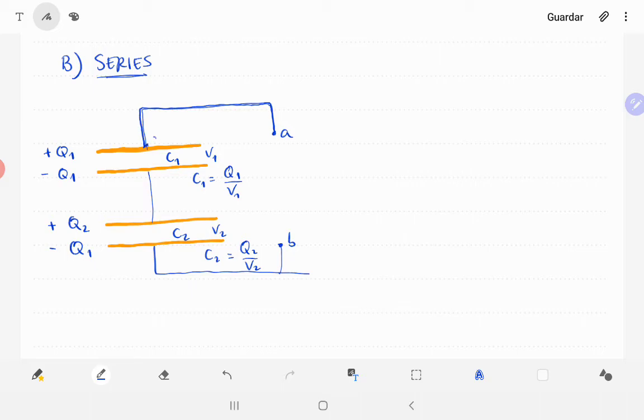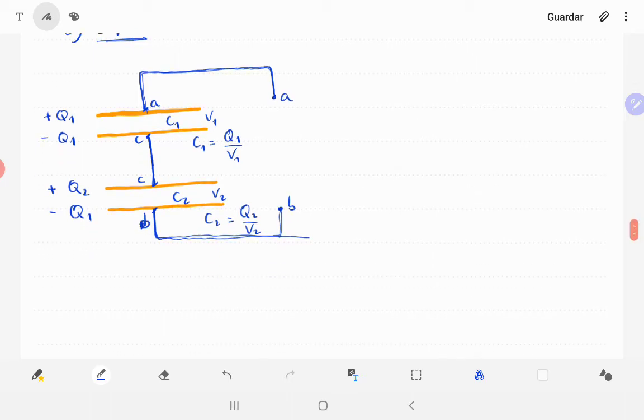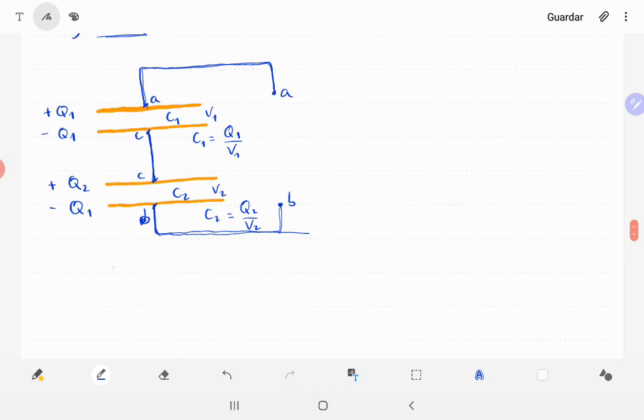Here we're going to call this point C, and the electric potential at point C is the same as at this point, because it's connected by a wire, and this point is connected to point B. So what I want to come up with is that VA minus VC is equal to V1, VC minus VB is equal to V2, okay?